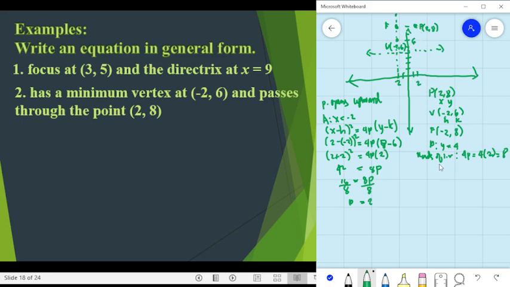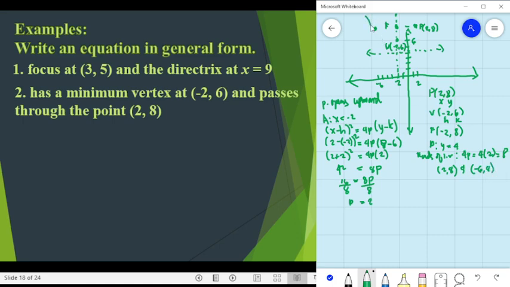So meaning, your P, which is 2, 8, it is one end of LR. Then the other one, count 1, 2, 3, 4. So this is -3, 4, 5, 6. So -6, 8, and negative 6, 8.